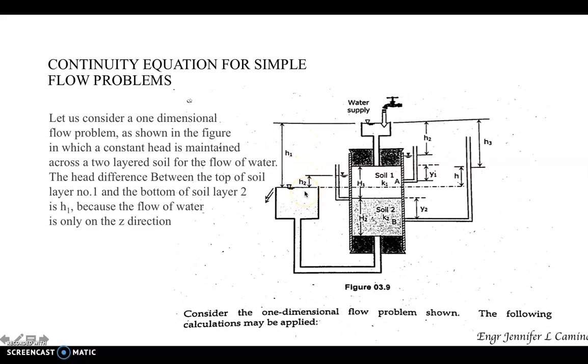Basically, you are given the setup. Of course, we have a standpipe that is connected to our container, our reservoir. To compute for the calculation, you can apply these equations.